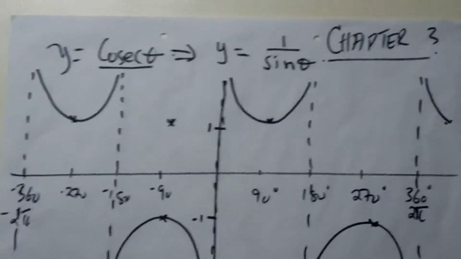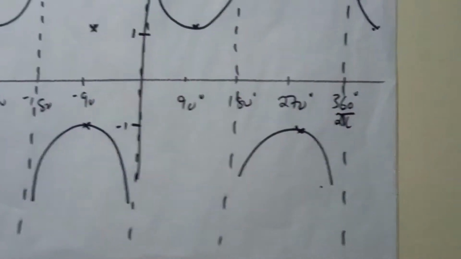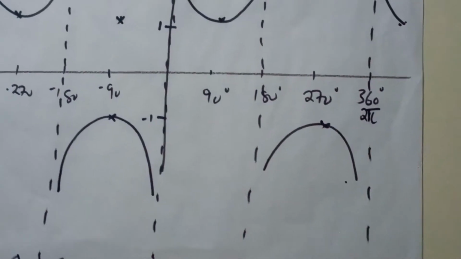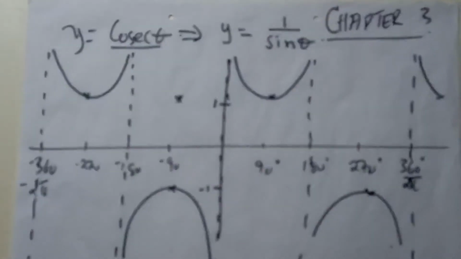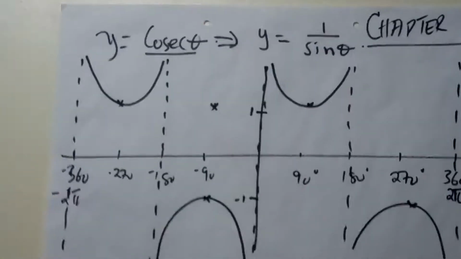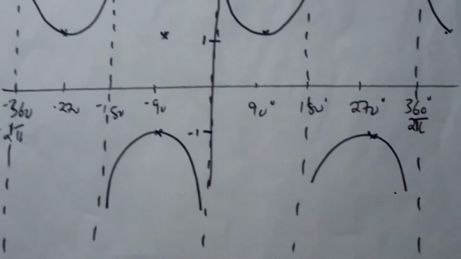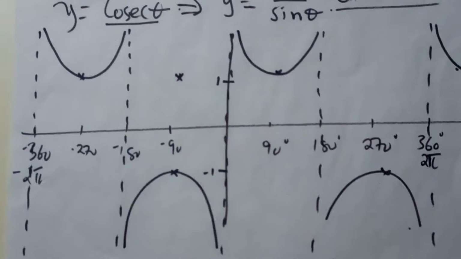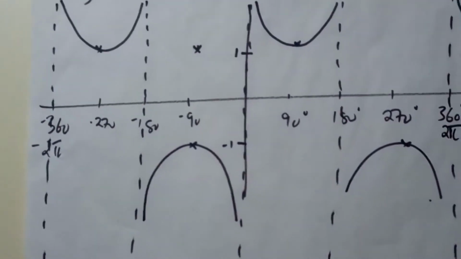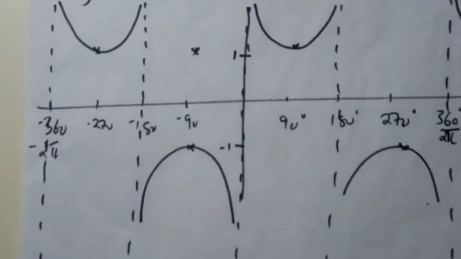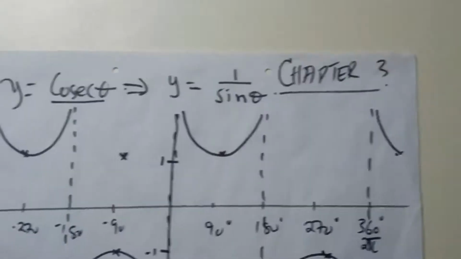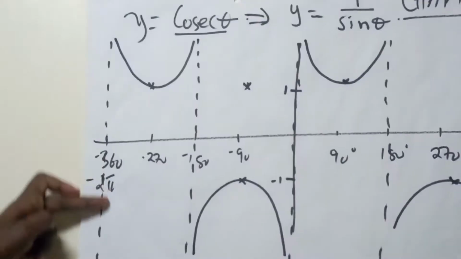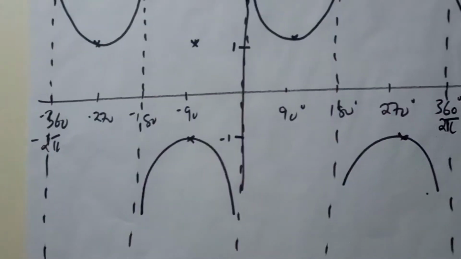And from the range of negative 360 to positive 360, we need to identify the values of theta when sine theta is 0. Of course, sine of negative 360 is 0, and because 1 over 0 is undefined, we are going to have an asymptote along that line.